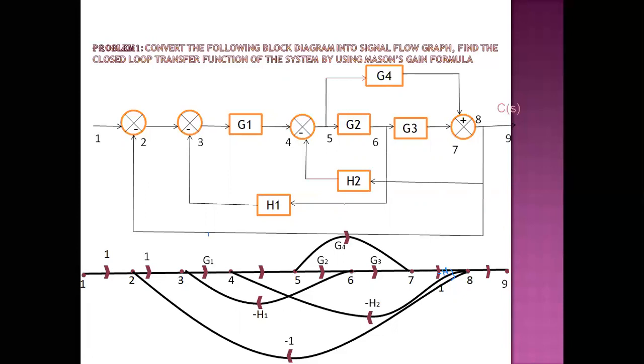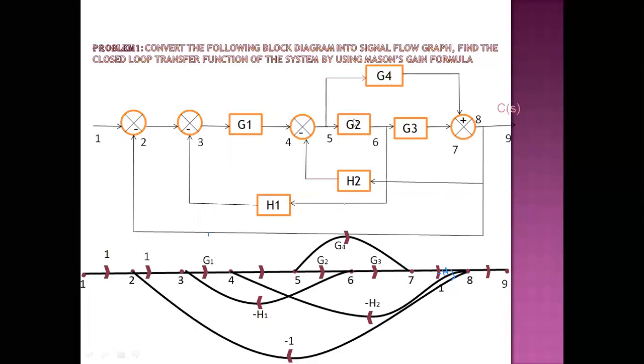So let us consider the summing point on the input side with the number 2. This is connected to branch point 8. Now I connect node 2 and node 8. Then considering the second summing point, which represents 3, it is connected to branch point 6. Now I connect node 3 and 6.